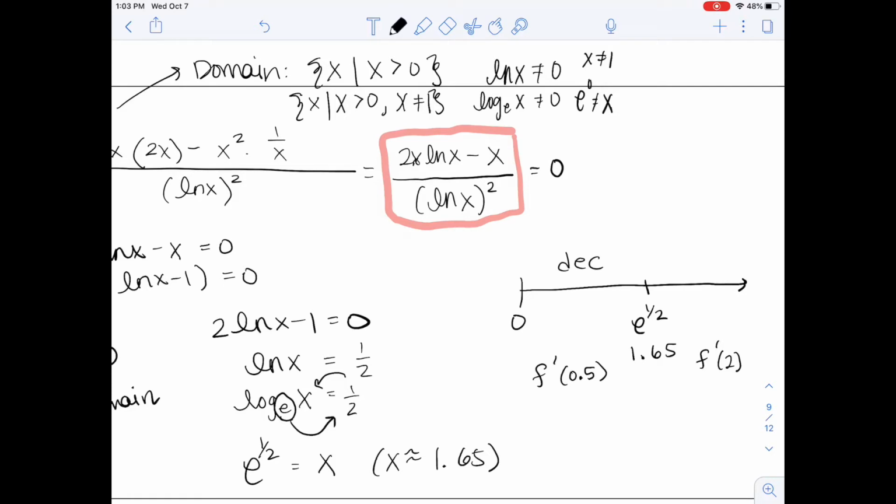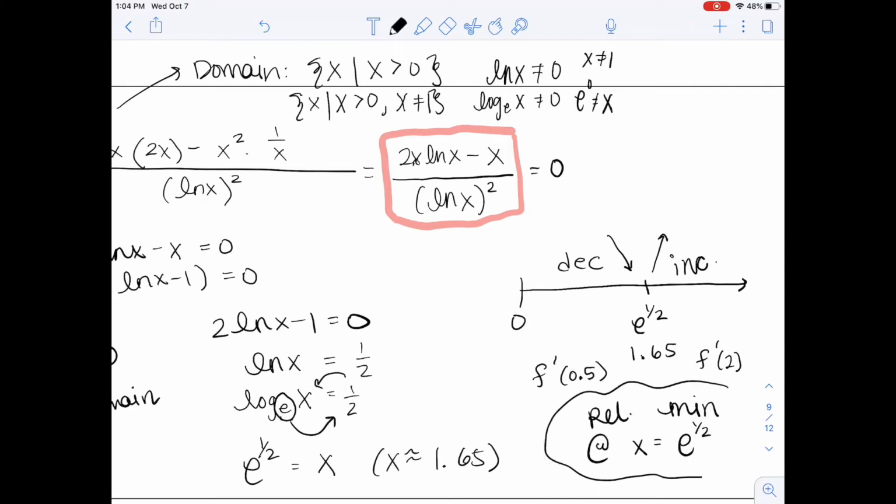And then it switches, and when we substitute in positive 2, we arrive at a positive value, and that's going to be increasing. So this function is decreasing and switches to increasing at e to the 1/2. So that means we're going to have a relative minimum at x equals e to the 1/2.